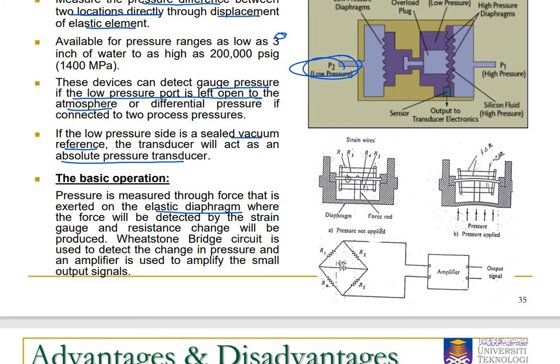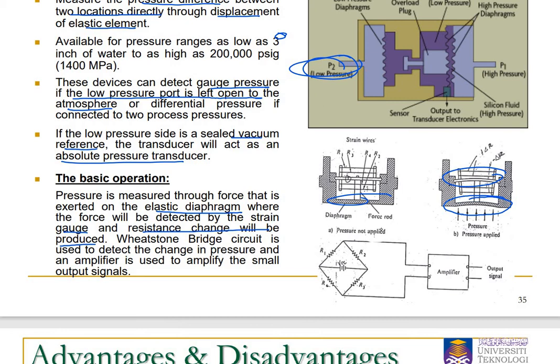So this is the diaphragm. We can see the elasticity of the diaphragm. It can bend, where the force will be detected by the strain gauge, and a resistance change will be produced. So when the diaphragm moves, the force will be detected by the strain gauge here.